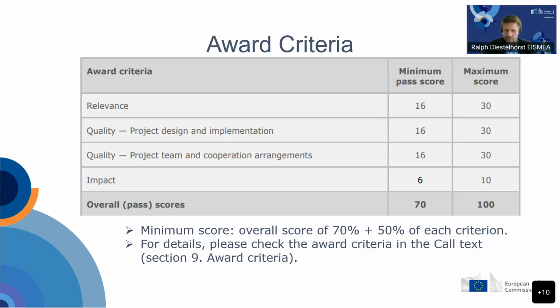We are asking formally for 70 out of 100, but at the same time, you must have the pass mark in each of the criteria that I just quoted: relevance, quality 1, quality 2, and impact. If the proposal fails on one of them, the proposal has failed.